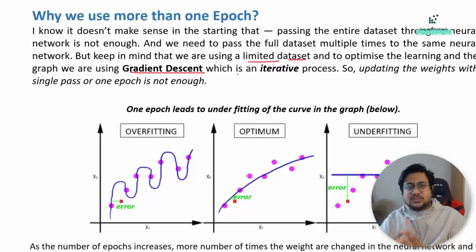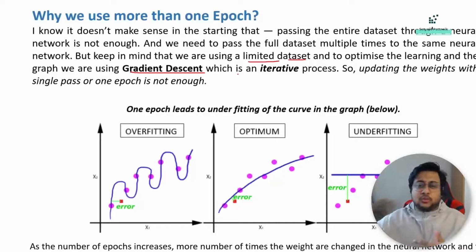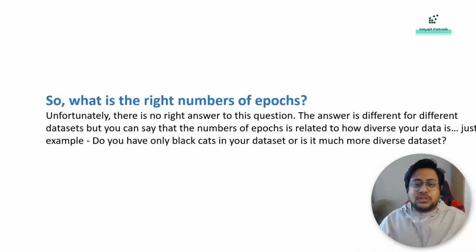So that is the reason why we pass our training set again and again to the neural networks, to learn faster, to learn better. Okay, that's why we need more than one epoch.